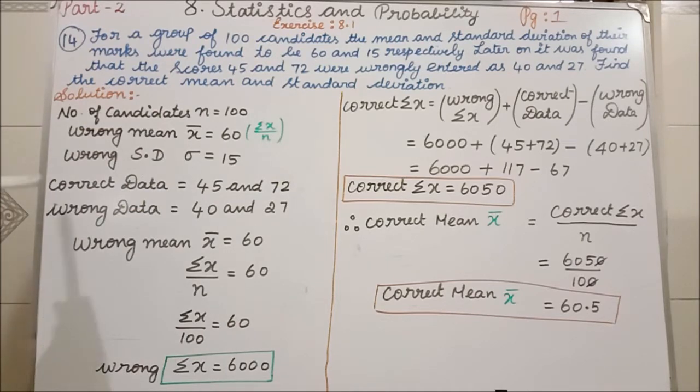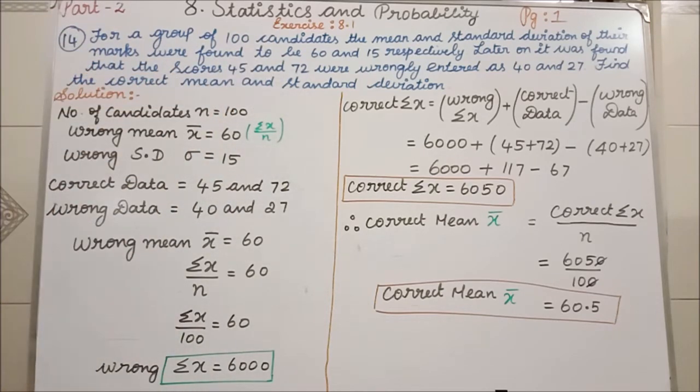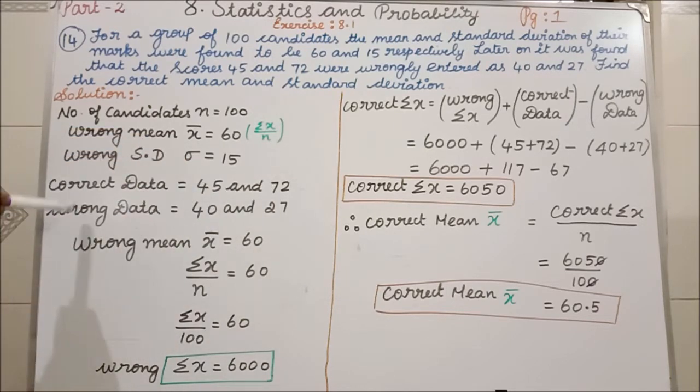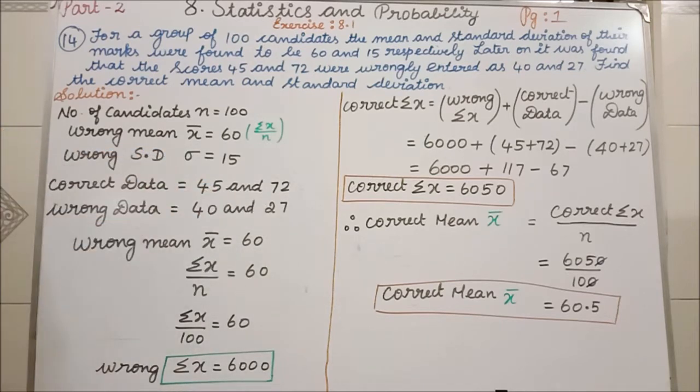The correct data, the original marks of the students, are 45 and 72, but they were wrongly entered as 40 and 27. So correct data is 45 and 72, wrong data is 40 and 27. These are the data given in the question itself.